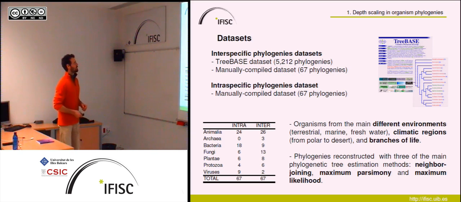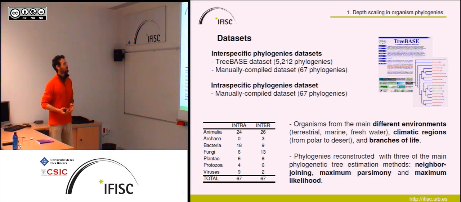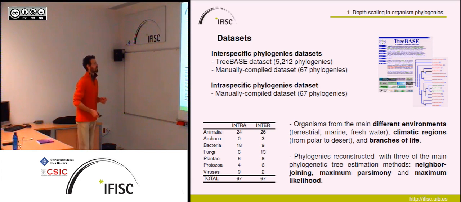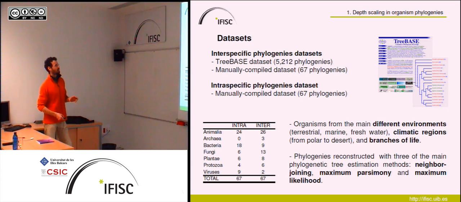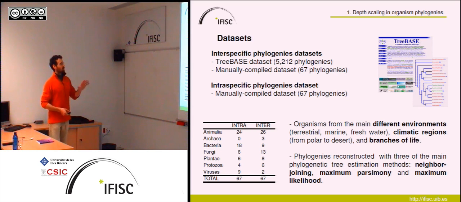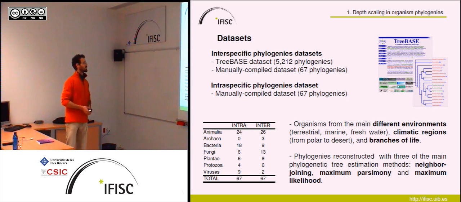For that aim, we compiled two different kinds of data sets: on the one hand, interspecific phylogenetic tree data sets, and on the other hand, intraspecific phylogenetic tree data sets. For the interspecific, we used the TreeBASE data set, a huge public compilation of phylogenetic trees, and we downloaded more than 5,000 phylogenies.